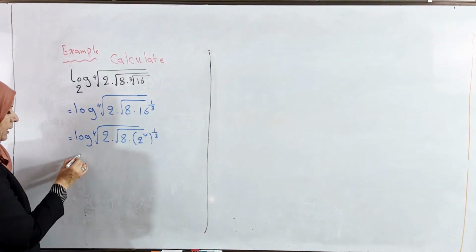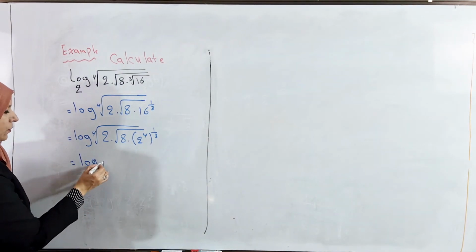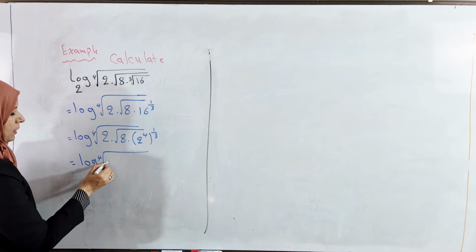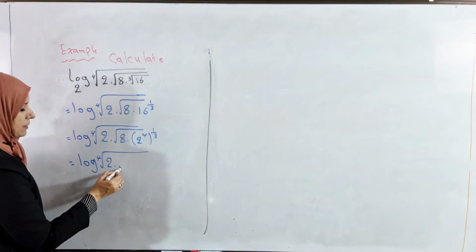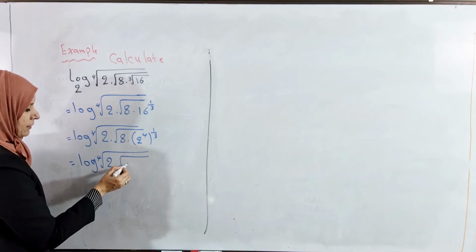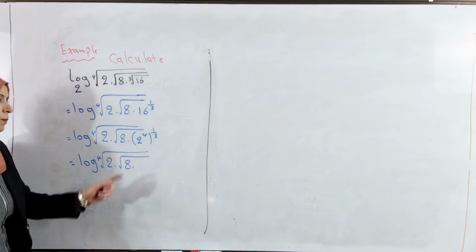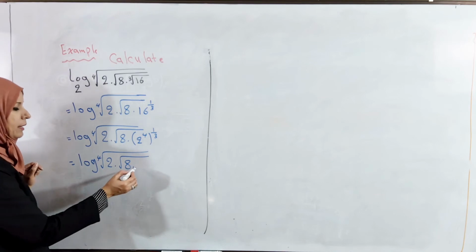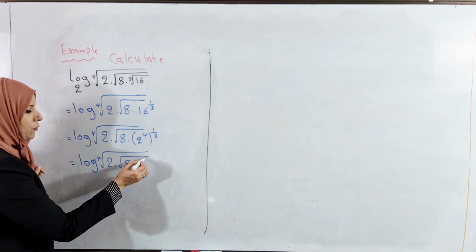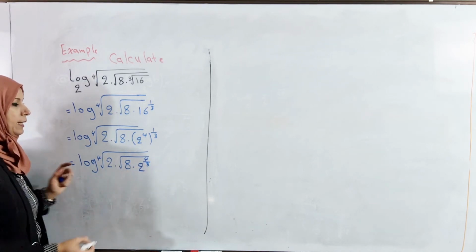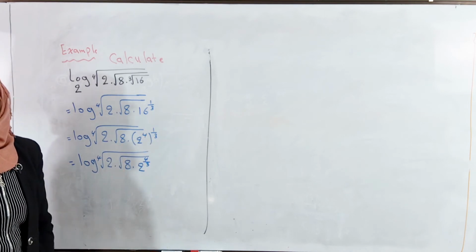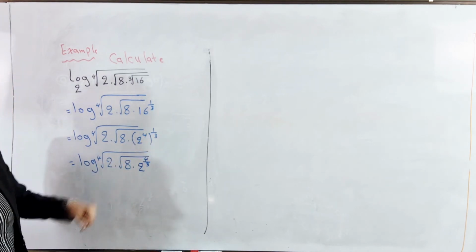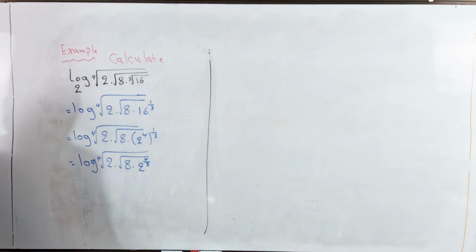That mean will be logarithm 4th root 2 multiplied by square root 8 and 2 power 4 and it's raised to power 1 on 3. We can write it by 2 power 4 on 3. عند الرفع تضرب الأسس. ضربنا 1 على 3 في 4 فصار عندي 4 على 3.